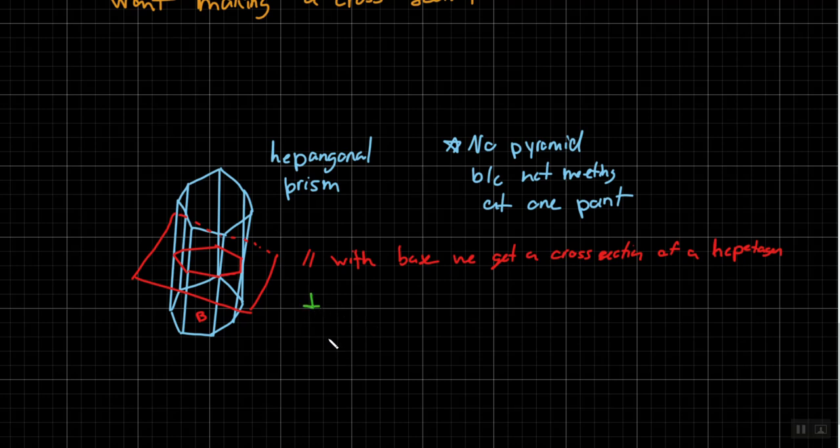Okay, perpendicular to the base. I'm going to cut this one right in half, up on the top. So now I'm going down. If I go from here to here, I'm going to cut it all the way down. So it's not parallel, but perpendicular to the base.